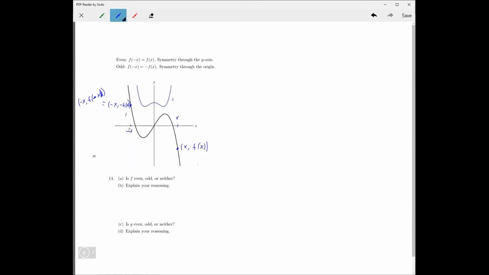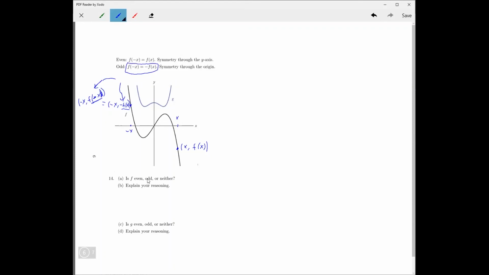So if this is negative x right here, then the y coordinate is going to be f of negative x. But it's also this because of the symmetry. So these y coordinates have to be the same, which is the same as saying that right there.